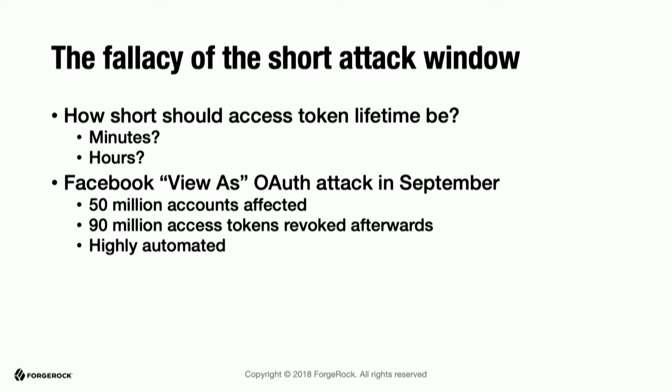And if we look at a recent attack on OAuth, I don't know if any of you know, there was an attack against Facebook's OAuth implementation back in September. They had this feature in Facebook where you can write a Facebook page and then you can view it as if you are one of your friends, and you'll see the page rendered as they would see it if they were viewing it.